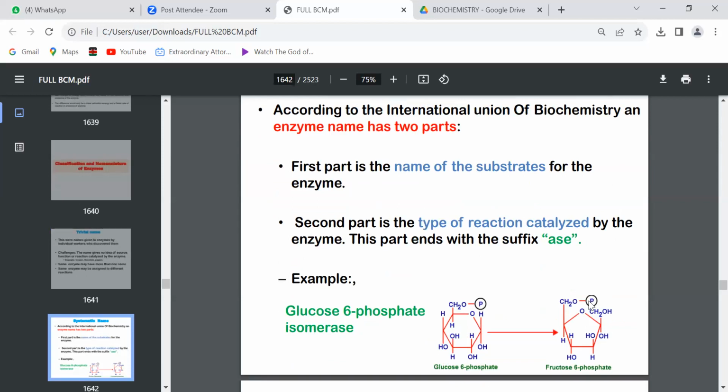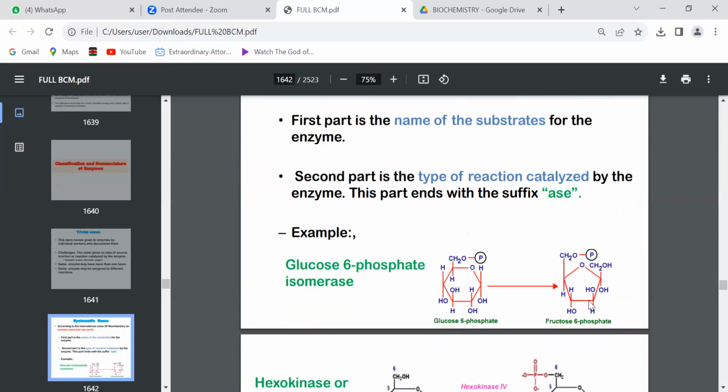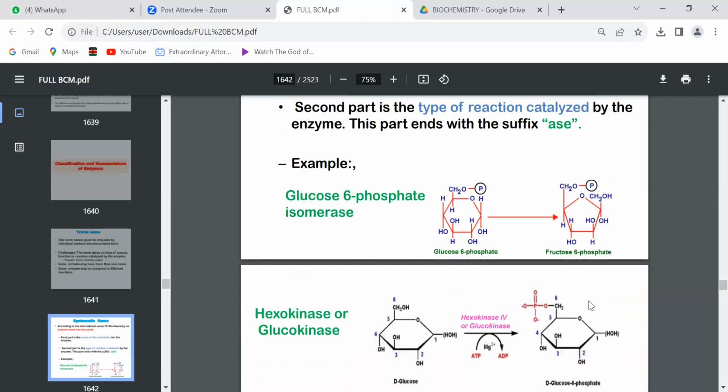For example, glucose 6-phosphate isomerase shows the substrate, glucose 6-phosphate, and the type of reaction it catalyzes, which is an isomerase. It does the conversion of glucose 6-phosphate to fructose 6-phosphate. The isomers, I think we remember from last week's discussions about isomers.